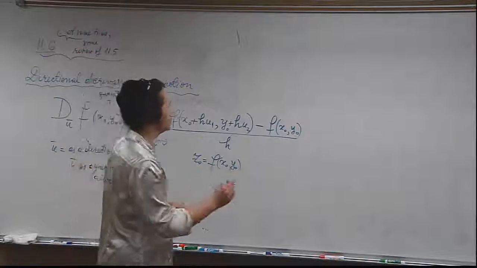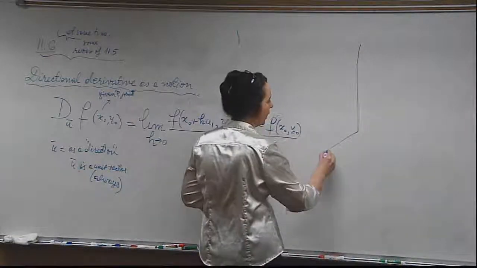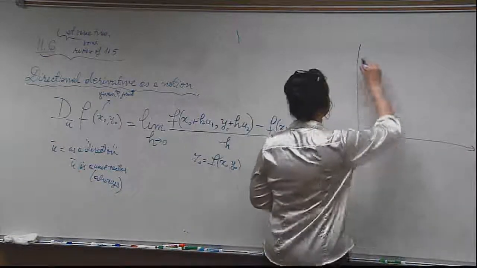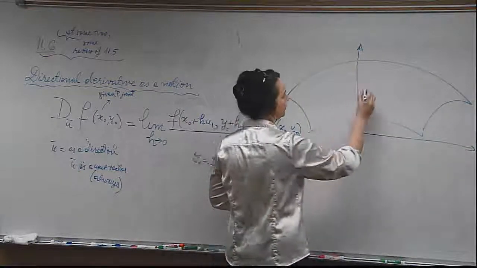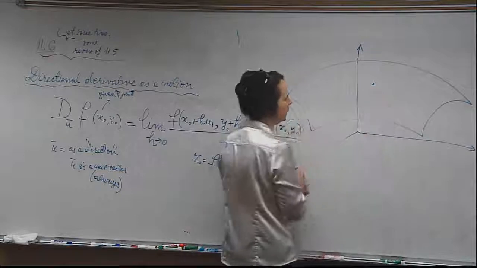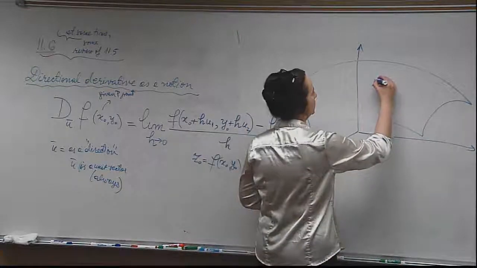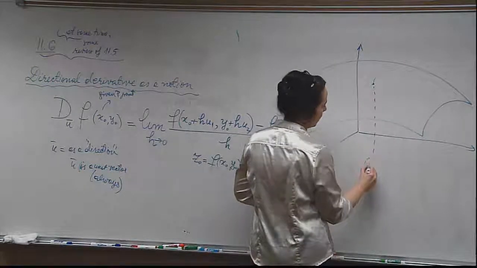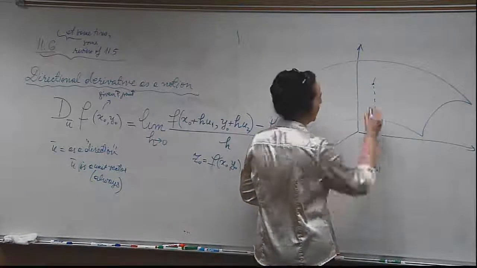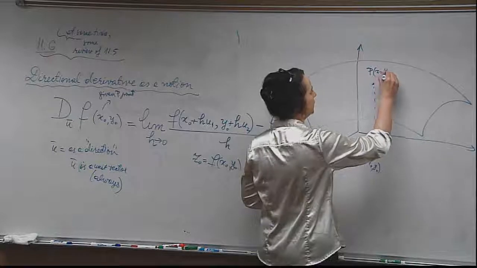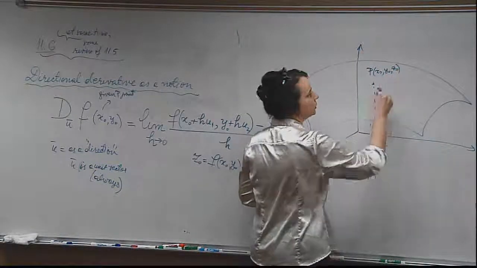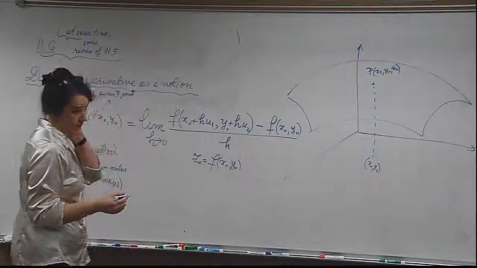I have to look at a real graph in the real world, and that's going to be a patch of a smooth surface. And I say, okay, this is my favorite point. I have x0, y0 on the ground, and the corresponding point P in 3 dimensions will be x0, y0, and z0, which is f of x0, y0.